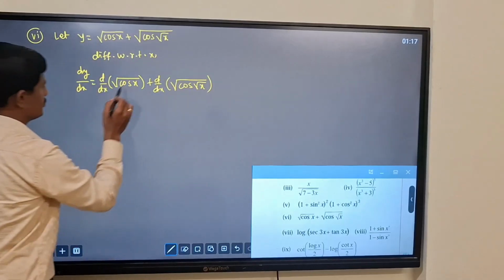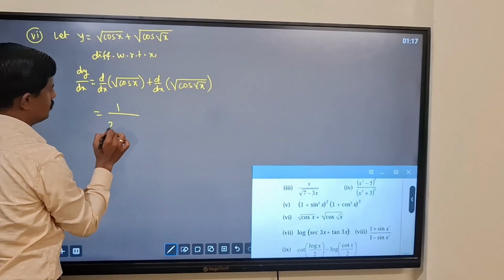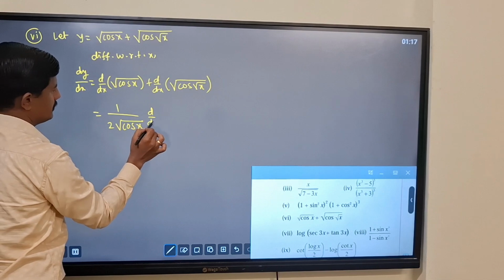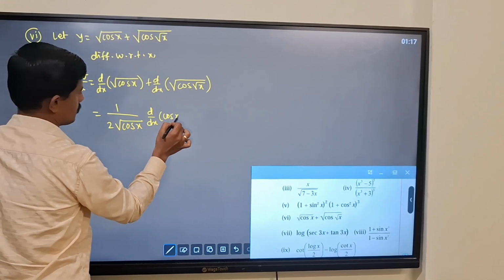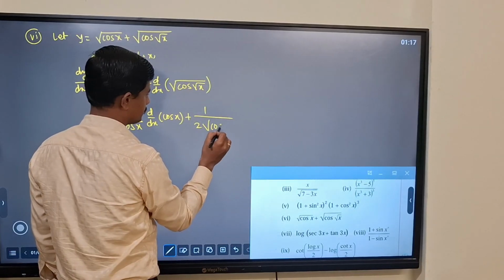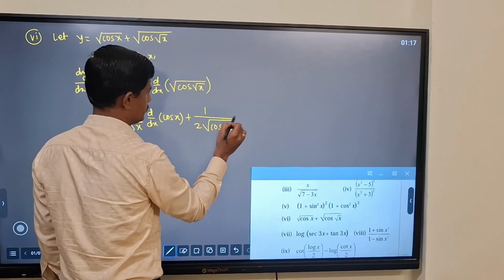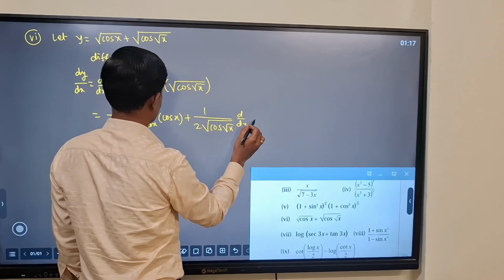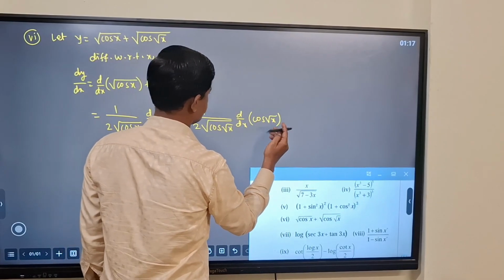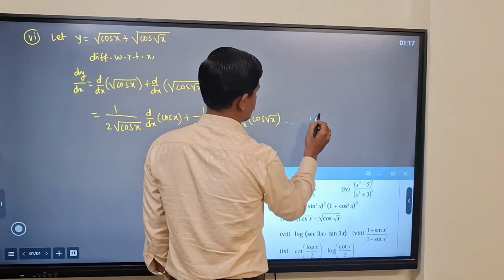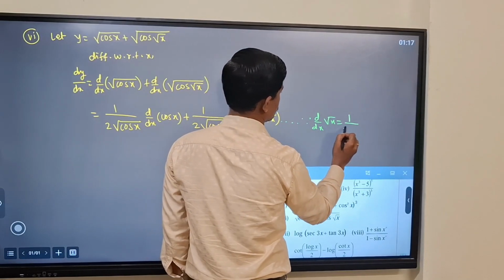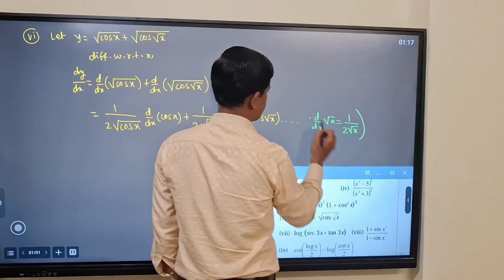So this will become 1 upon 2 root cos x d/dx of cos x, plus 1 upon 2 root cos of root x d/dx of cos of root x. d/dx of root x is 1 upon 2 root x.